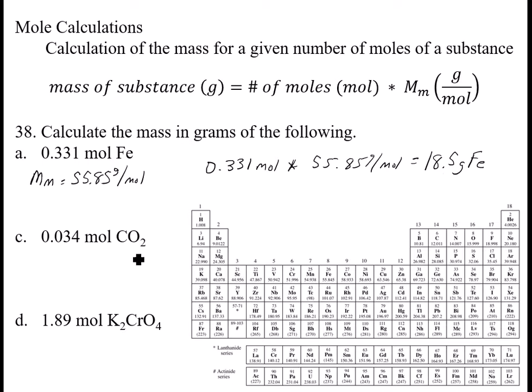Okay. For the next one, now we have to recalculate the molar mass. So the molar mass of carbon dioxide, carbon, we have one of, and it is 12.01. Oxygen, there's two of, times the 16 gives me 32.